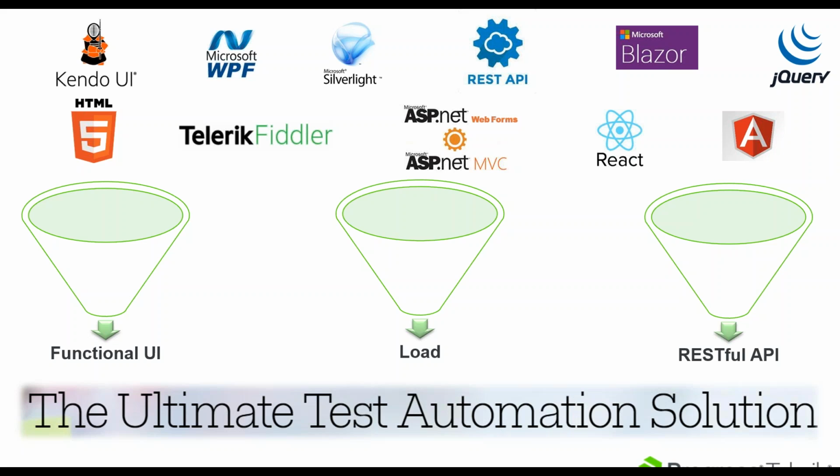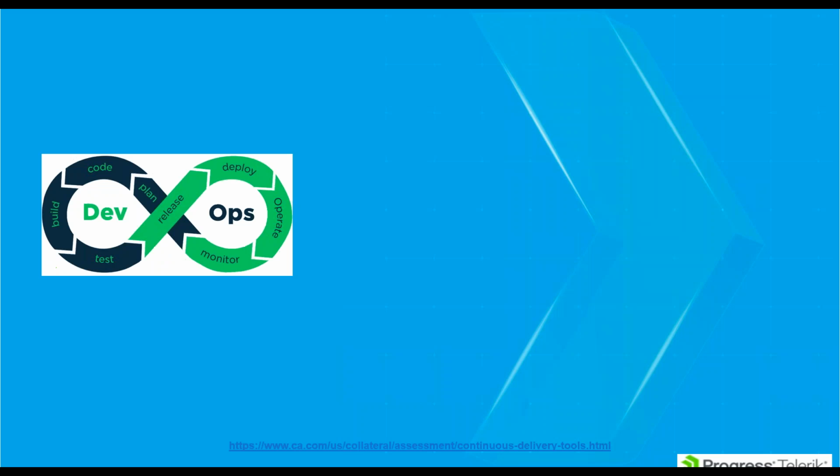Blazor is available thanks to the translators we have with the latest release. As I mentioned, with Test Studio, you can also perform load tests, and you can automate your RESTful API.